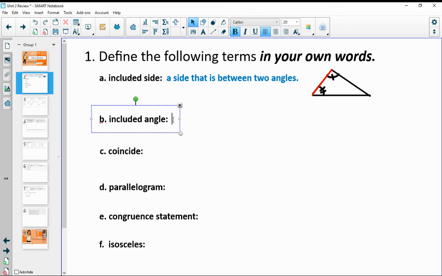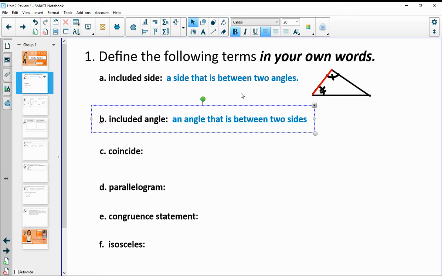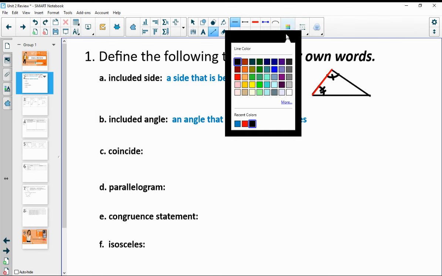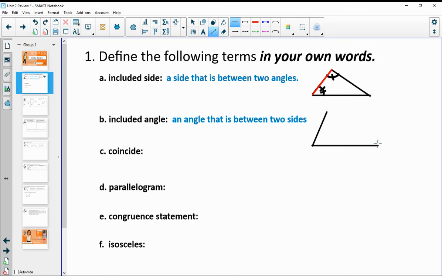For an included angle, it's an angle that is between two sides. So again, if we had a triangle drawn and two of the sides were marked, so if this side was marked and this side was marked, then the included angle there is the angle between those two sides, or made up of those two sides.